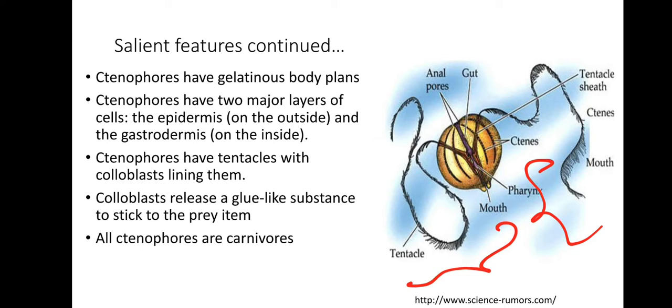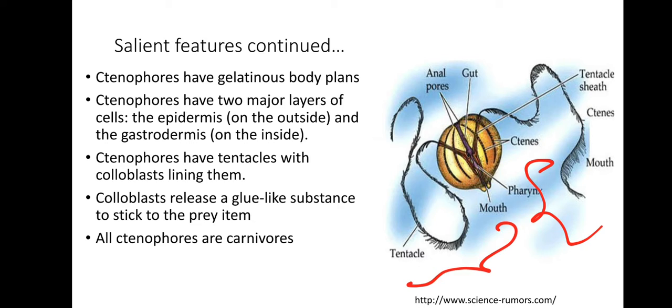These colloblasts are not similar to stinging cells because they release a glue like substance. They won't sting like stinging cells, but instead they'll secrete a glue like substance which will stick to the prey. If there is a prey nearby, that will stick to these colloblasts, and then with the help of the tentacles they are put in the mouth.